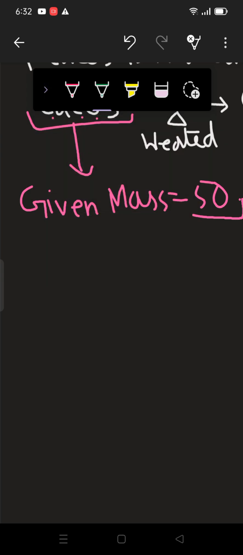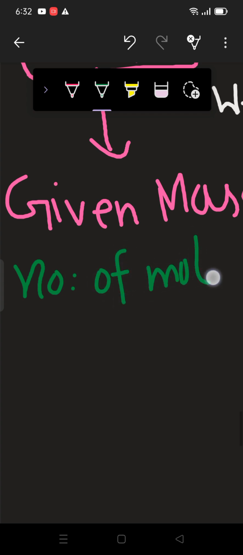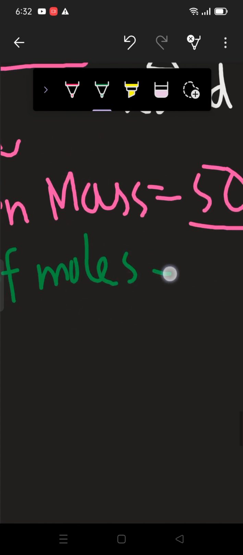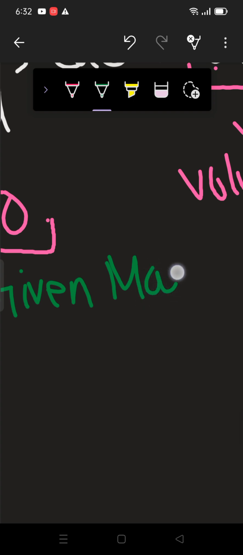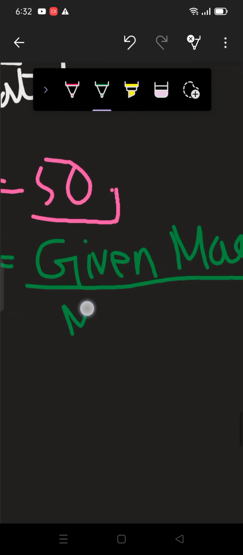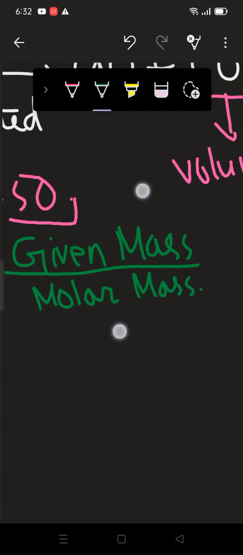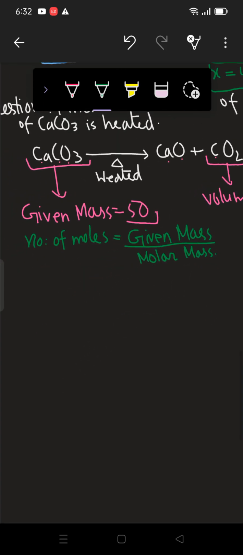So let's write the formula here. Number of moles is equal to given mass per molar mass, right? Given mass is already given in the question, and that is 50 gram.